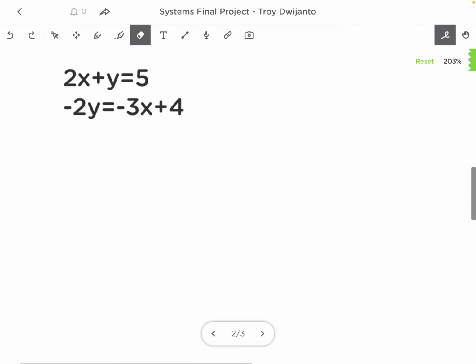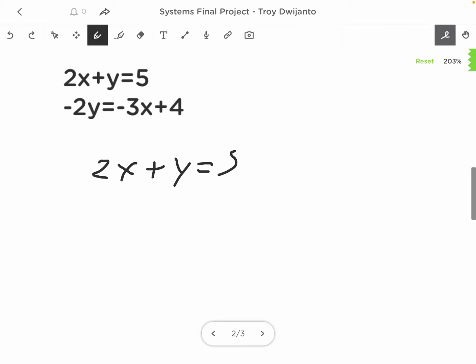For our first equation, 2x plus y equals 5, we need to first isolate the y by itself. One way to do it is to move y to the other side by subtracting y from both sides.